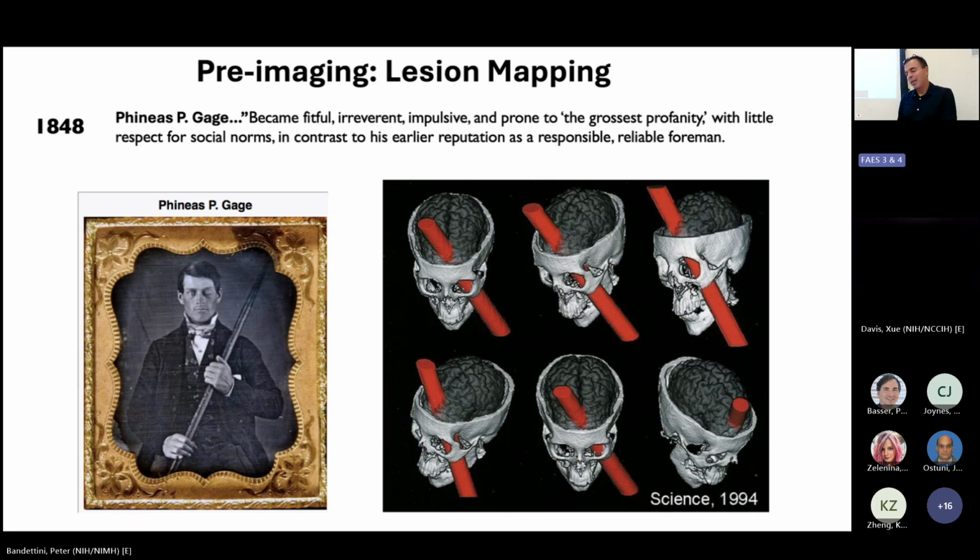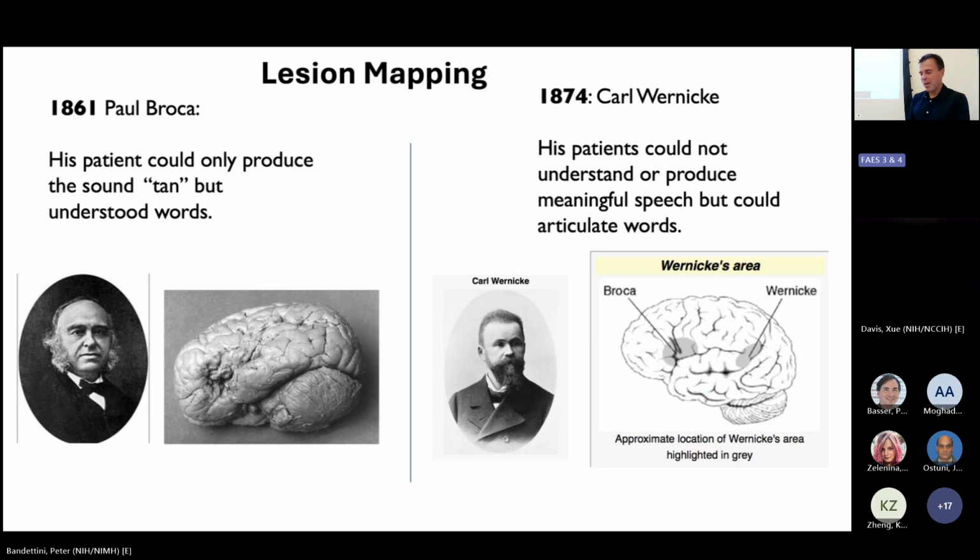It's not brain imaging, but if you damage a part of the brain, it's the first hint that the frontal lobe is related to aspects of your personality and your judgment. So that was one indication. And there have been two other famous cases, situations where Paul Broca had a patient that could only produce the sound tan, but he understood words perfectly.